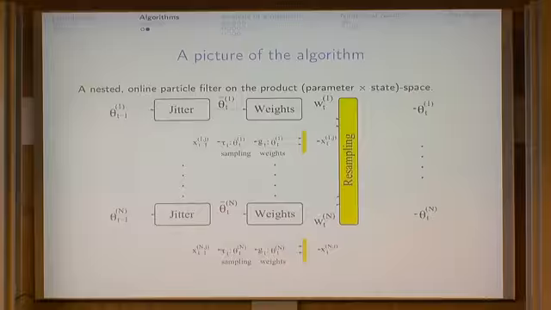Can I ask, what do you say that Gordon, Salmond, and Smith do? I haven't looked at the paper for a long time, but I think they were just saying, well, we've got a static parameter, let's pretend that it is part of the state, and we introduce a dynamic to get the ergodicity, and then you've got an approximate model.